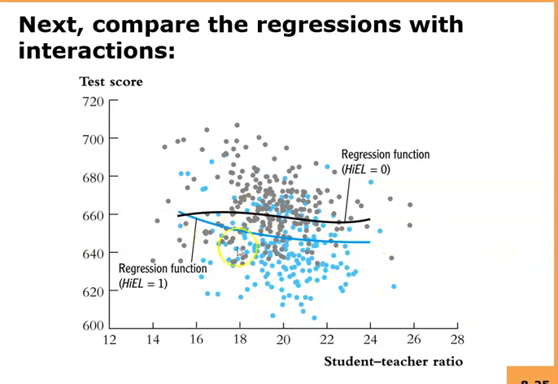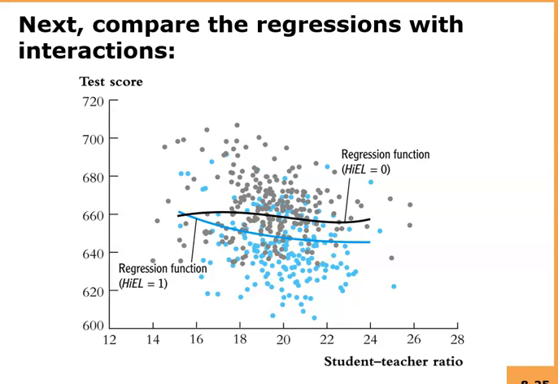So as always, the graphical representation tells us a lot about the relationship we are trying to study. In this case, we can see that the effect of student-teacher ratio on test scores does not change by much, because in this portion of the curve where most of the data is lying, the slope pretty much remains the same for both of these lines.